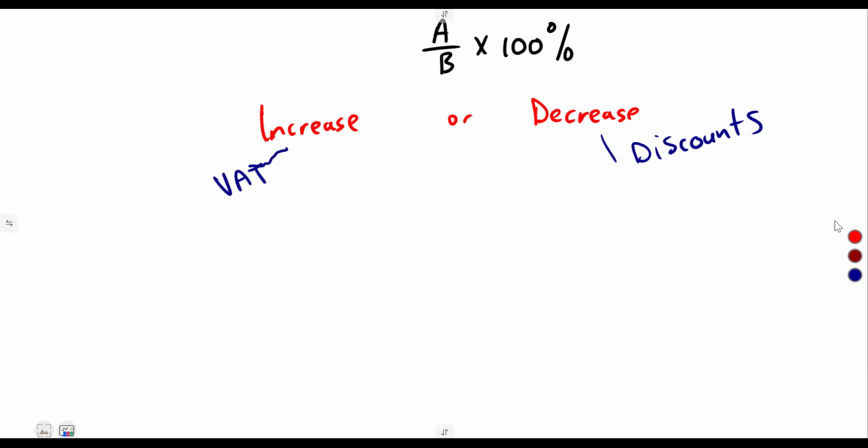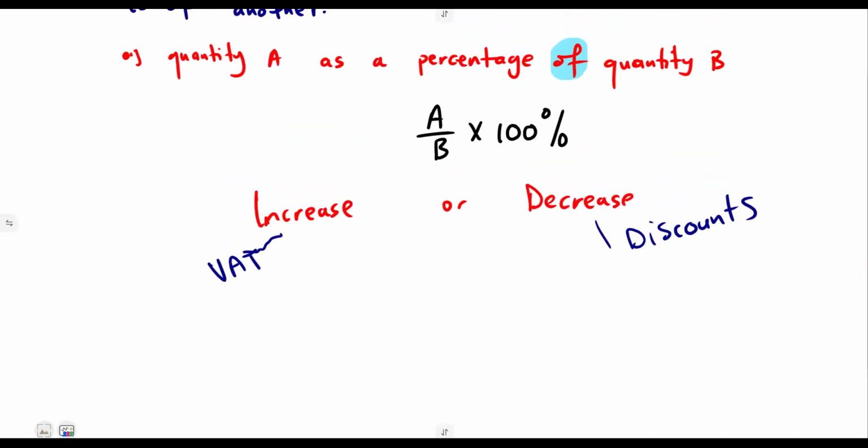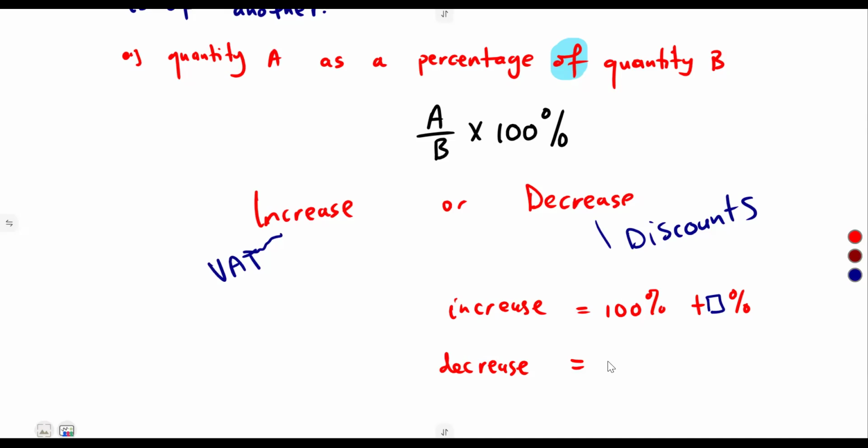So remember, the unit or the whole of a percentage is 100. An increase therefore means that from the 100%, we must add the percentage increase that you're given. It must be added. When it is a decrease in percentage, it means from a whole of 100%, we must subtract that percentage decrease.